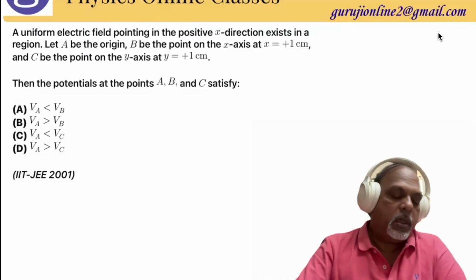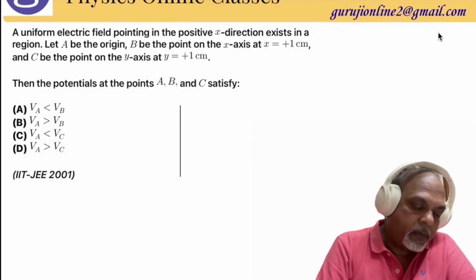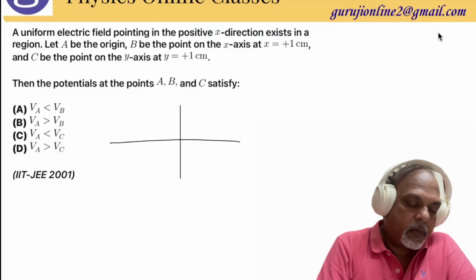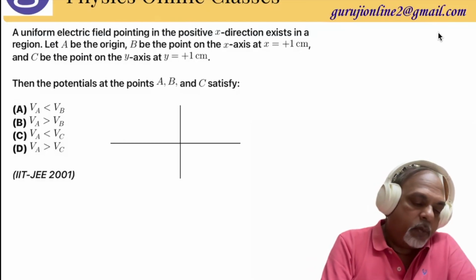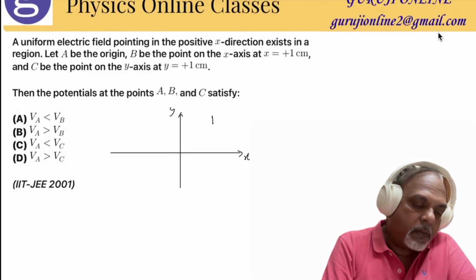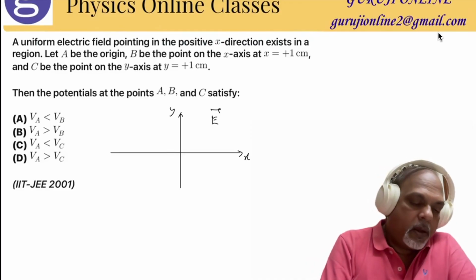So, let us draw a uniform electric field. It is pointing in the positive x direction, like this.